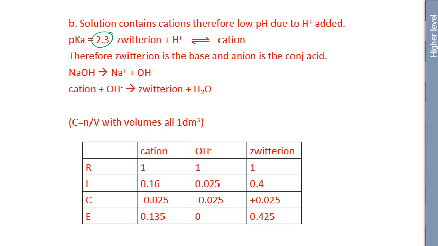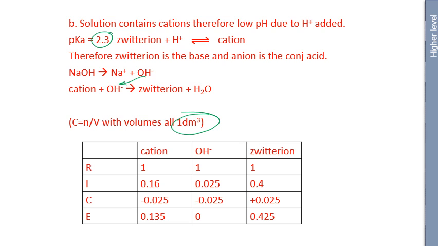Therefore the zwitterion is the base and the cation is the conjugate acid. So again, the sodium hydroxide dissociates into sodium ions and hydroxide ions, and the cation then reacts with the hydroxide ion to form the zwitterion plus water. Then we make a nice little table where concentration equals number of moles divided by the volume, where the volumes are nicely all 1 decimeter cubed, just for you.